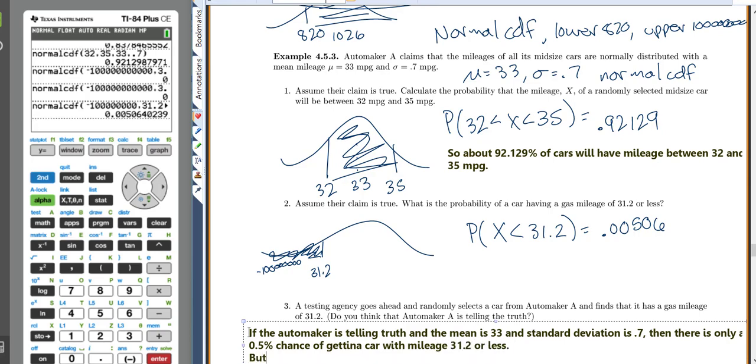Okay. But we did find a car with mileage 31.2.